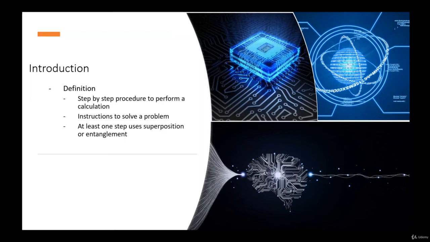So at least one step of our instructions inside of our algorithm, which is a calculation or a series of steps, needs to be a quantum step. When we're talking about a quantum step, we can talk about, for example, entanglement or superposition. If there is no step that is quantum, we cannot say that this is a quantum algorithm. It will simply be a classical calculation or a classical algorithm.